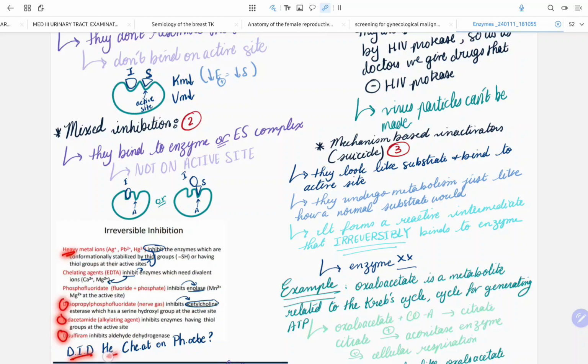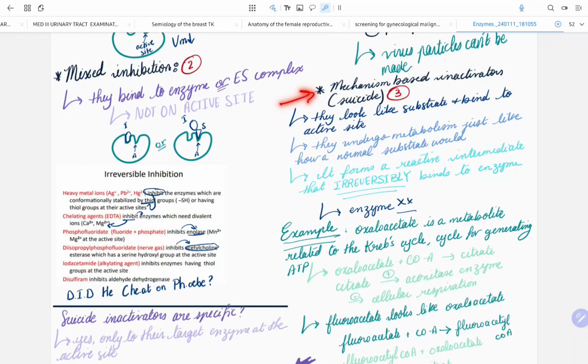Heavy metals is he. Chelating is cheat. And phosphofluoridate is Phoebe. So if you know Friends, the show, then you would know who Phoebe is. And again, if your professor didn't really emphasize on these, then I wouldn't really focus on them. But if she did, then you should.